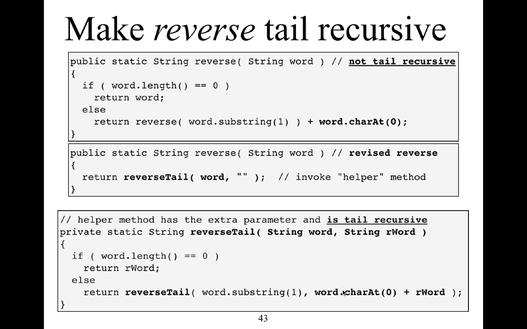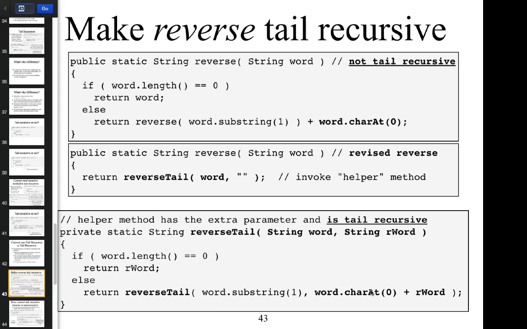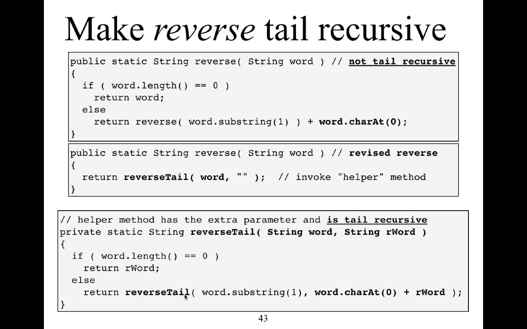But we concatenate position character 0 with the portion of the string that's come down reversed already. And so now all the concatenation work is done before the recursion. And so this is now a tail recursive method.